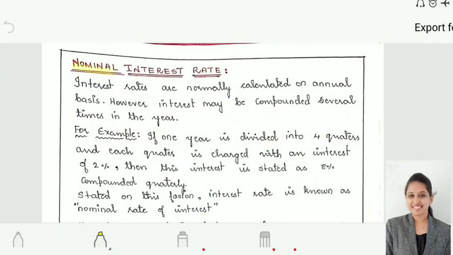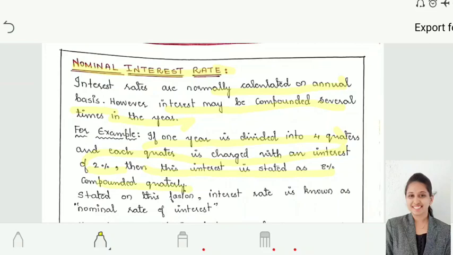Thus we know nominal interest rates are normally calculated on the annual basis. However, the interest may be compounded several times in a year. For example, if 1 year is divided into 4 quarters and each quarter is charged with an interest of 2%, then the interest is stated as 8% compounded quarterly.